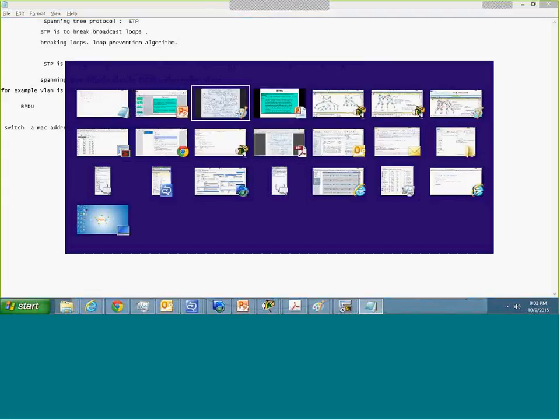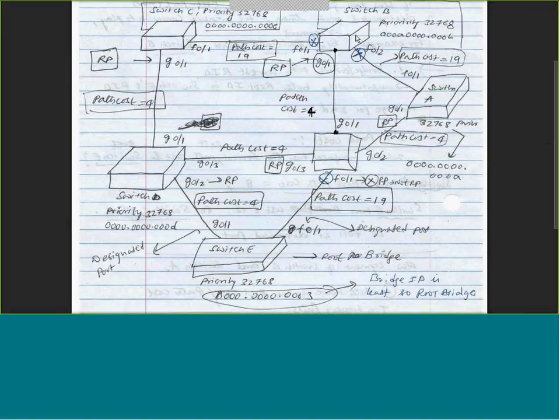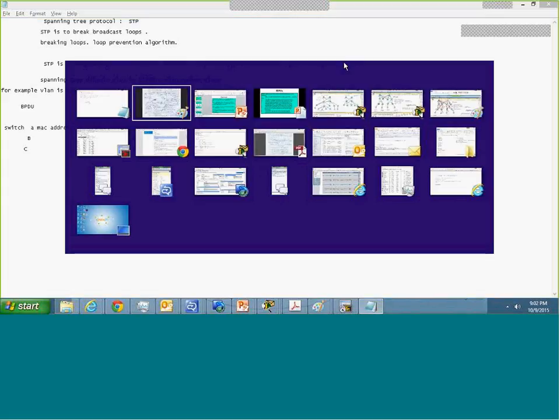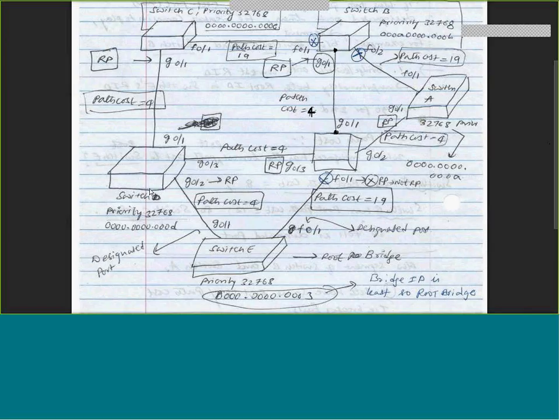Going back, what is the switch B MAC address? 00B, this is hexadecimal, right? So switch B MAC address is 0000.0000.000B. What is switch C MAC address? All the way to 000C, right? And what is the switch D MAC address? 00D.